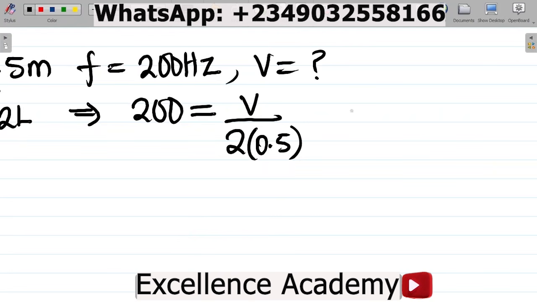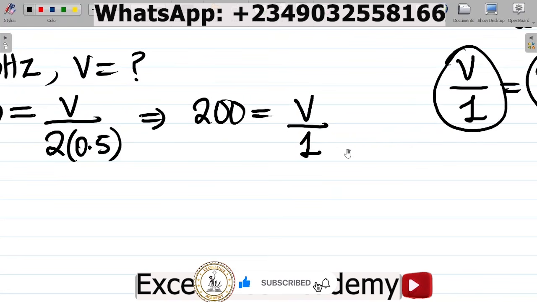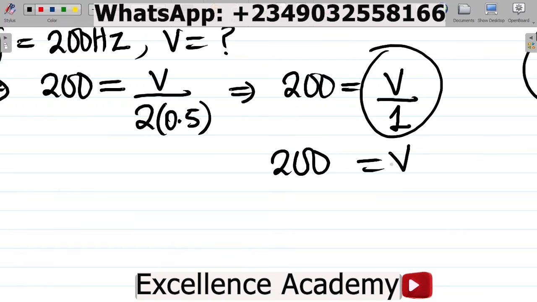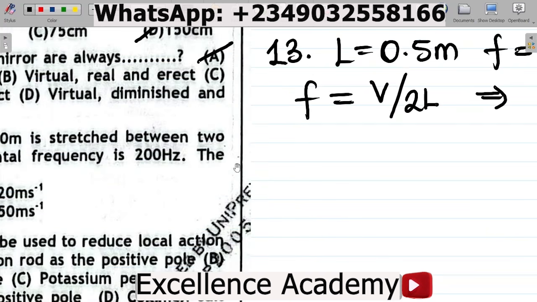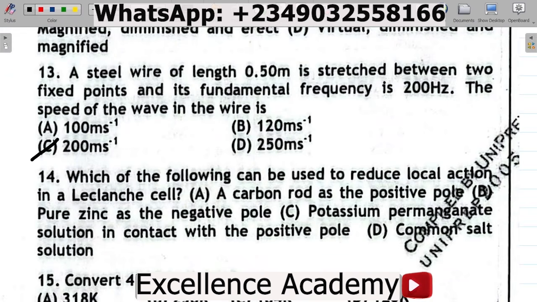So 200 is equal to V all over 2 times 0.5. That's 2 times half, which gives you 1. V over 1 gives you V. So 200 is equal to V, or V is 200. Of course, this would be in meter per second. That's speed or velocity. So V is 200 meter per second, and that's option C, 200 meter per second.